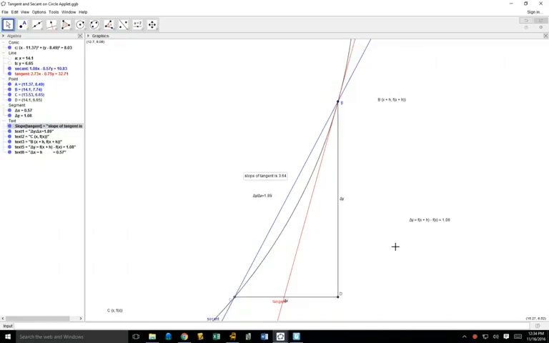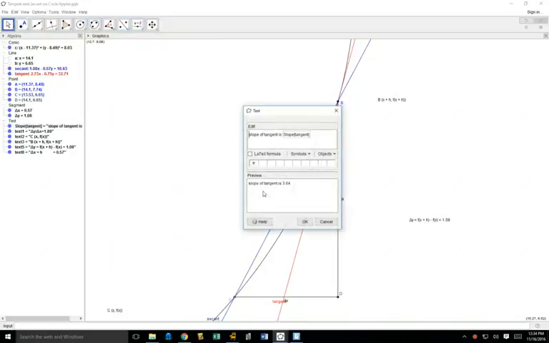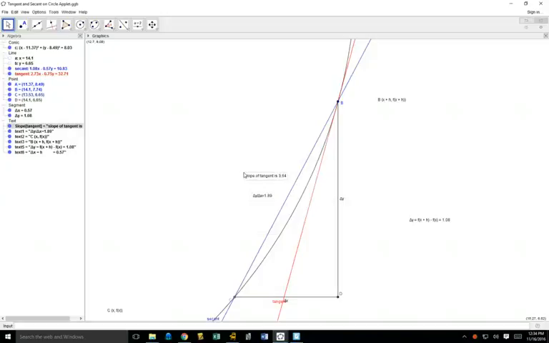Wonder if I can make this bigger for you. Sorry that it's small. What this says right here is the slope of this tangent line that I have right now is 3.64.